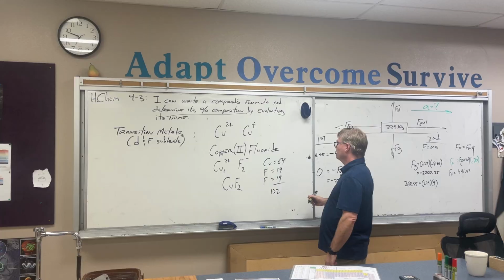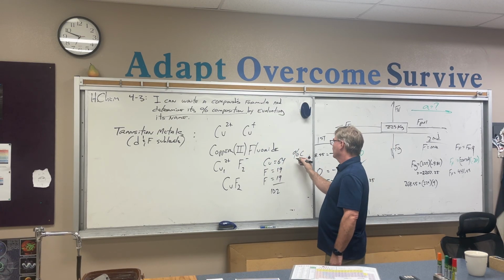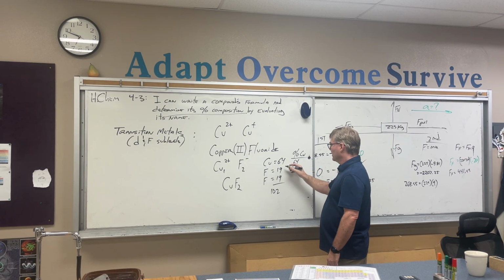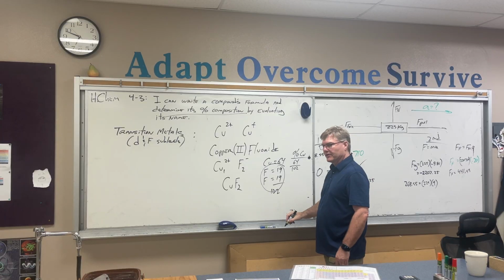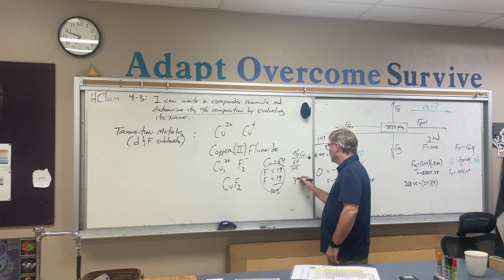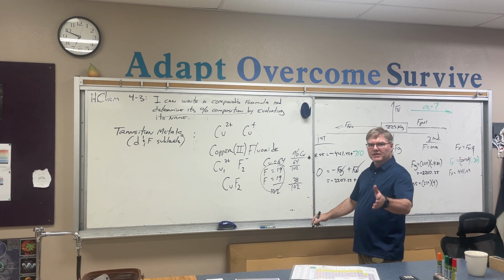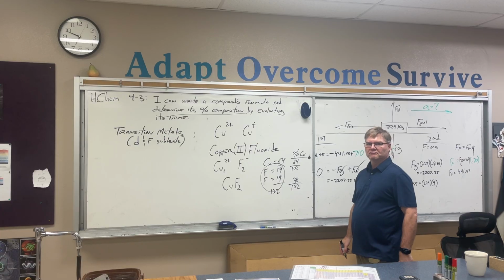Now, percentage composition wise, the percentage of this copper 2 ion would be 64 of that 102. And the fluorine together, 38 of those AMUs would be the fluorine, and then I could divide these, get my decimal, times it by 100 to get my percents.